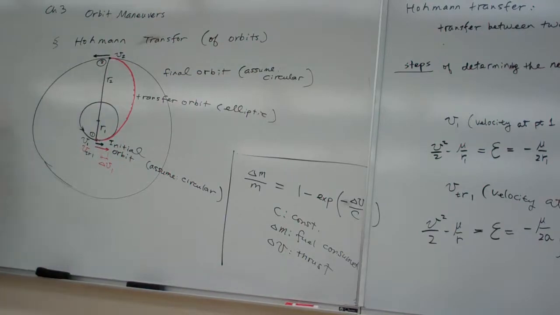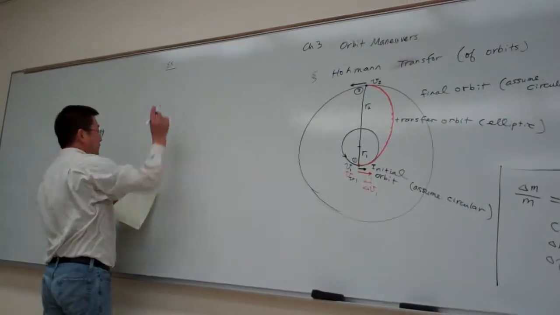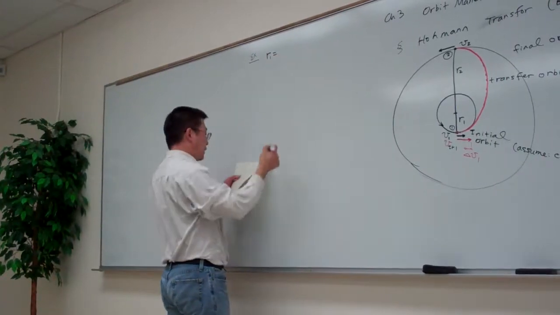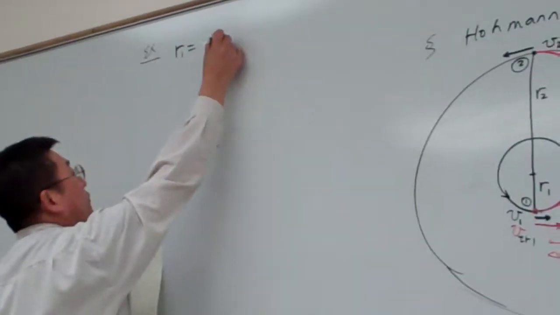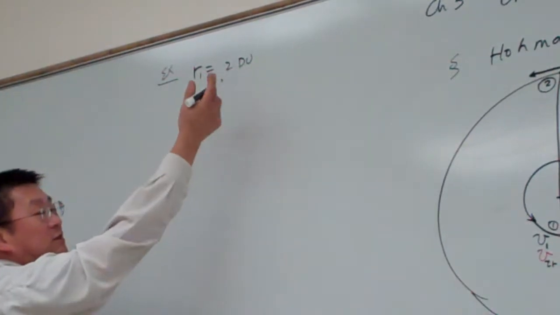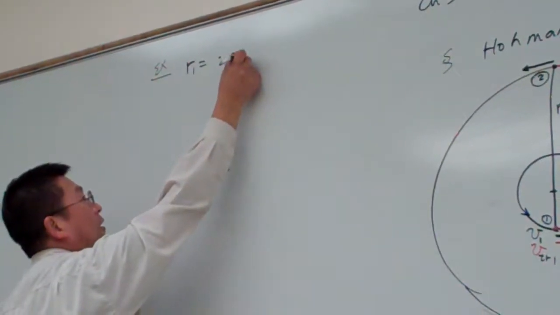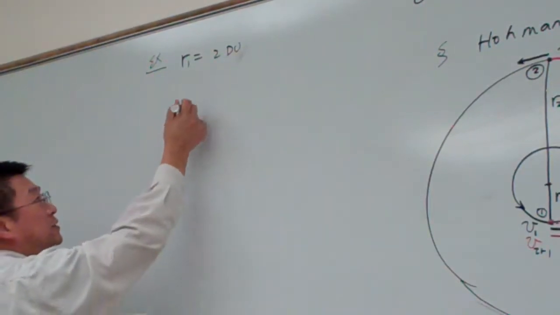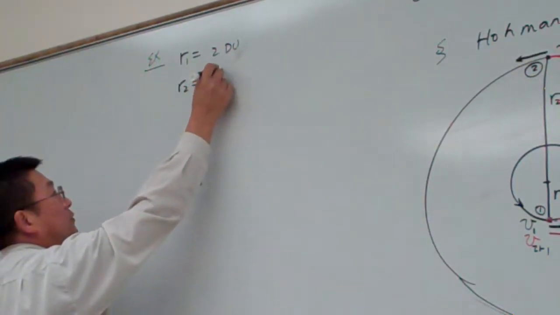Let me do this one here. So say in this example, R1 is 2 DU, where DU is the Earth distance, so I'll drop the symbol and just use DU. And R2 is 3 DU.